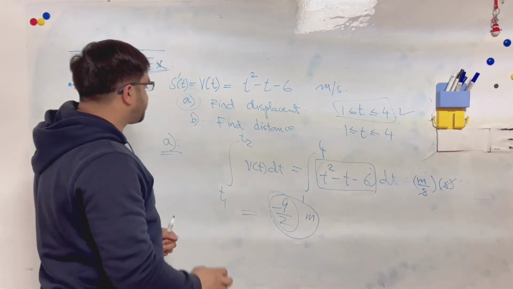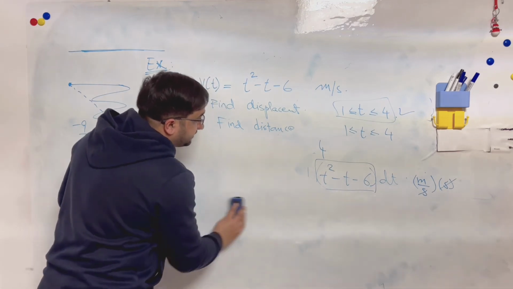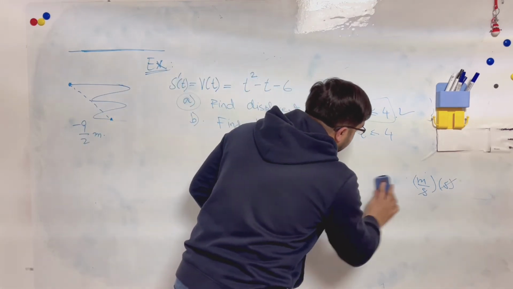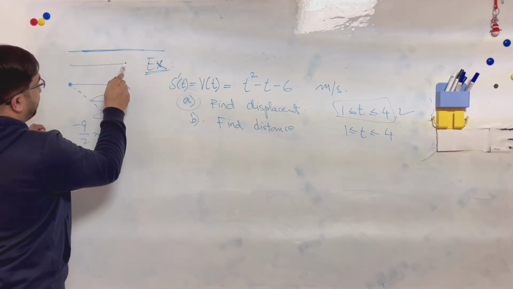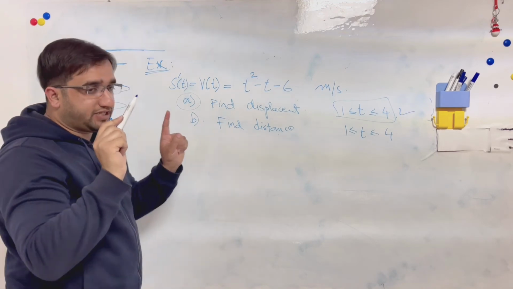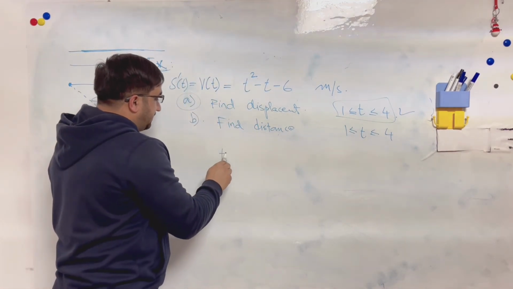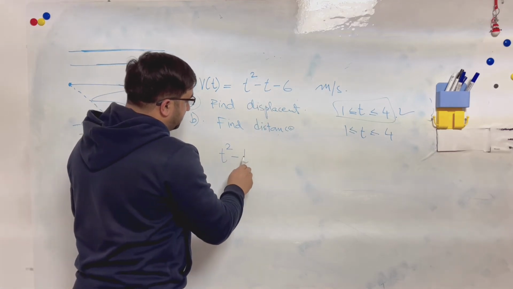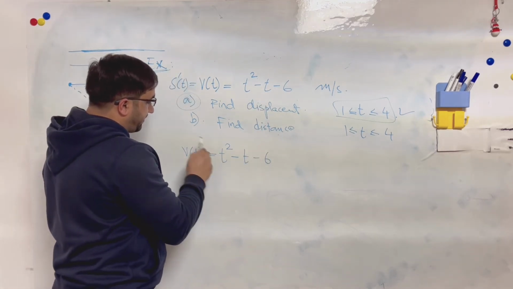Now for the second part, I have to figure out when the particle is going forward and when it is coming backward. I have to figure out those intervals. So now, look at the original function, which is the velocity function.